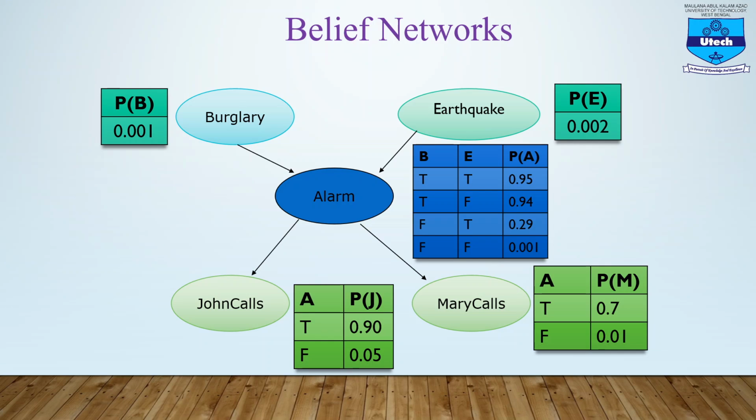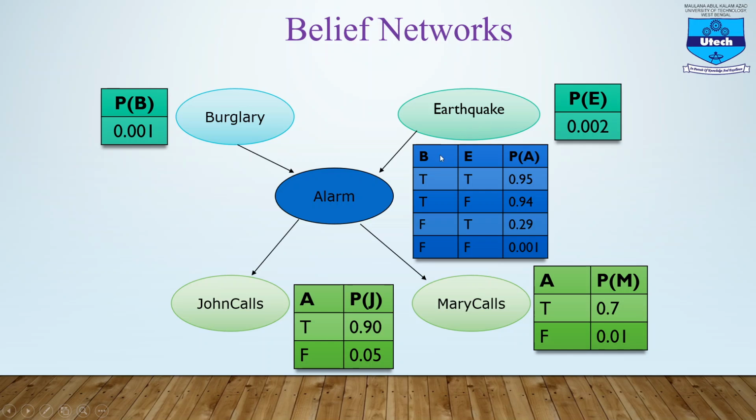In that scenario, you have represented the belief network. So what is the belief network? If there is a burglary, then the alarm will be switched on, and if there is an earthquake, then the alarm will also be switched on. This is the belief network. The probability of B and the probability of E, these values are given to you.